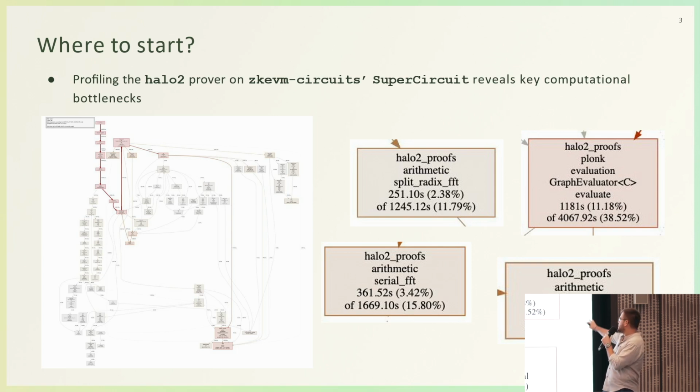I just highlighted some that will be the focus of this talk, which is, for example, running NTT, a number theoretic transform, which is like the equivalent of fast Fourier transform over finite fields. The MSM, the multiscalar multiplication, which are operations over elliptic curves, and also custom gates evaluation, which we will take a bit more later.